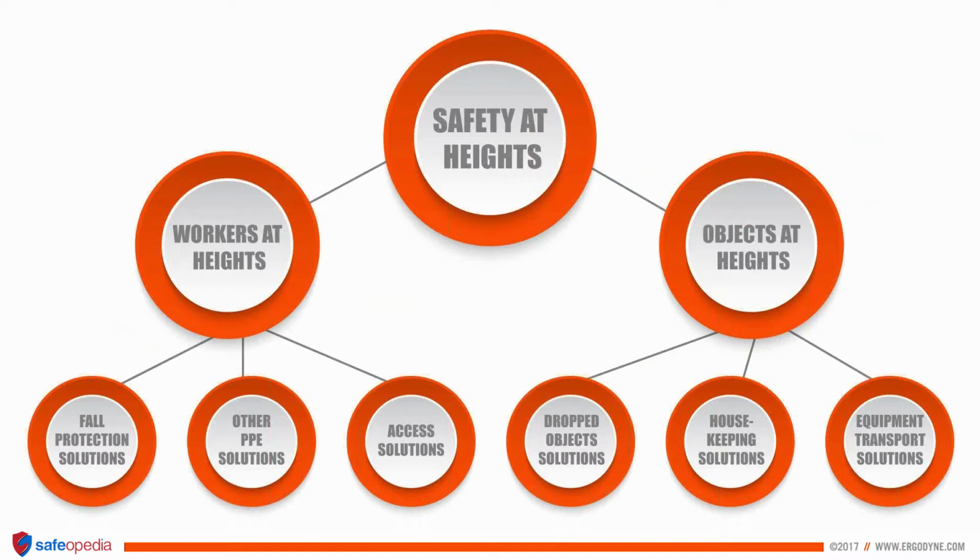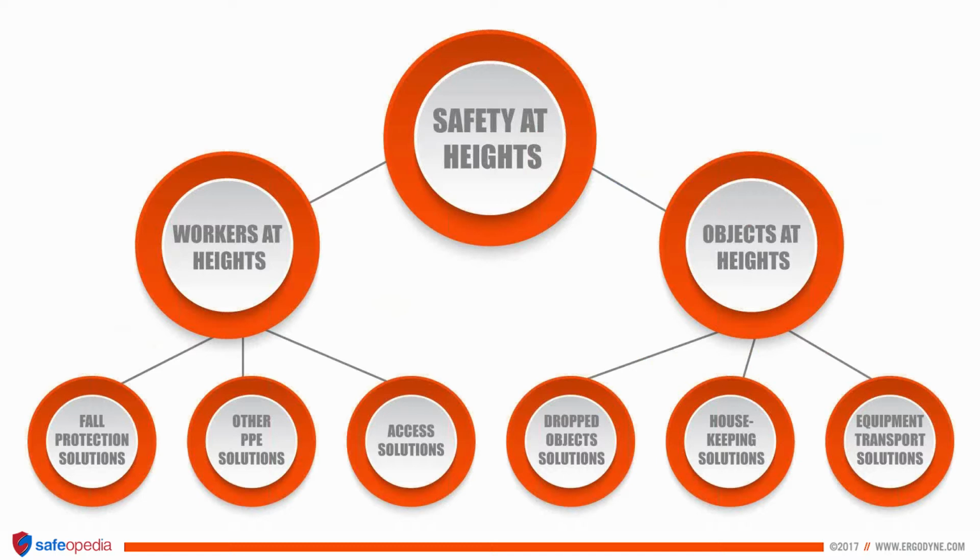So it mirrors workers at heights. If you look at fall protection solutions for workers, you look at dropped object solutions or fall prevention for objects. Then you have housekeeping at heights. Housekeeping can often be an overused afterthought of a term when you talk about keeping an organized workplace, but poorly used housekeeping practices can take on a different level of severity when done at height.